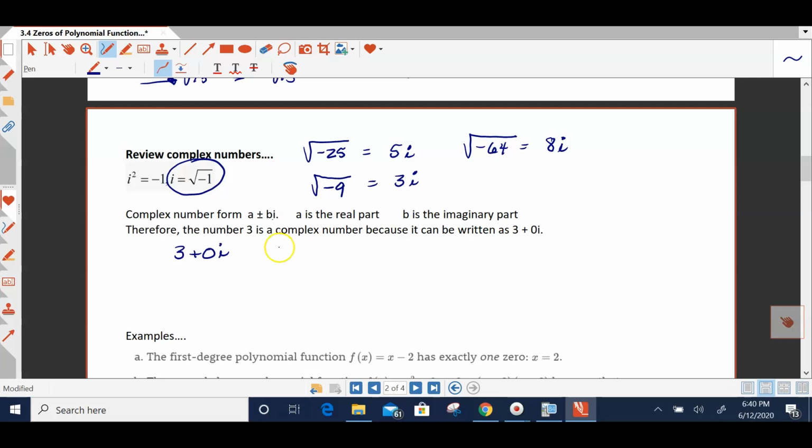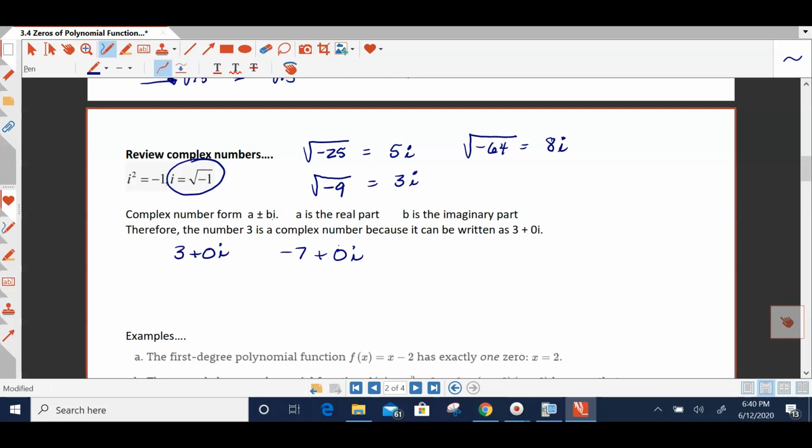Or I could write the number -7 as a complex number, -7 plus 0i. This is just how the complex number system can be developed. So the complex number system does include real numbers like 3 and -7 because I can always add a plus 0i next to anything.